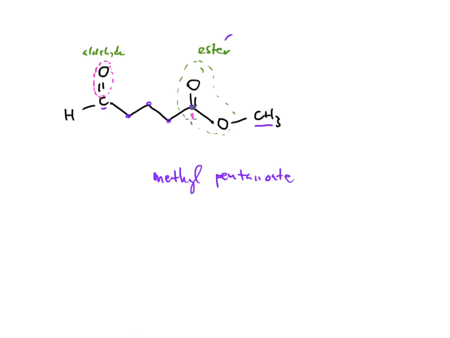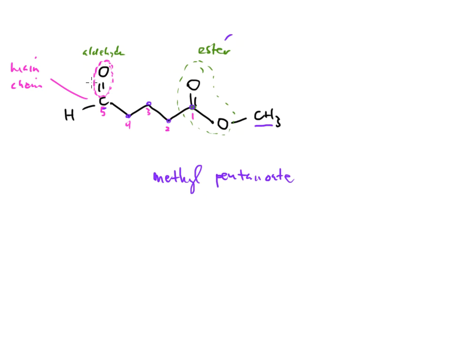If this is carbon number 1, and this is carbon 2, carbon 3, carbon 4, and this is carbon 5, that carbon is part of the main chain, right? That literally is part of the longest carbon chain. And if it's part of the main chain, then you're really only naming here the C double bond O group.